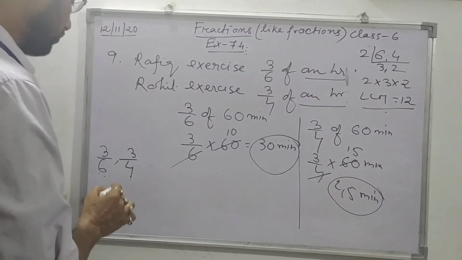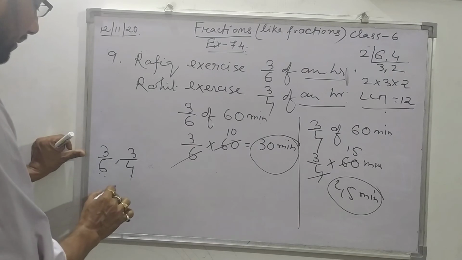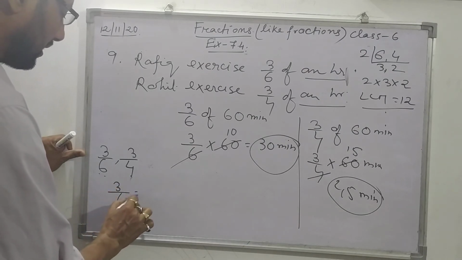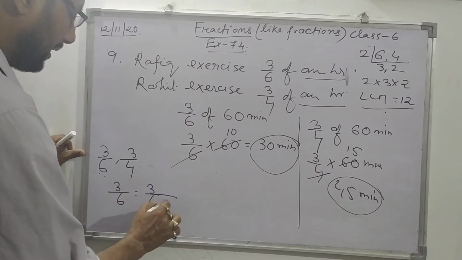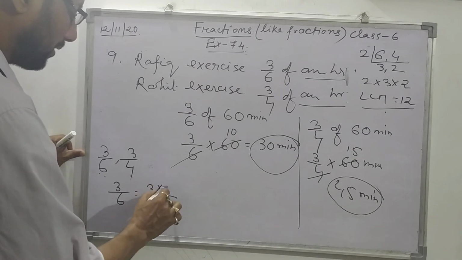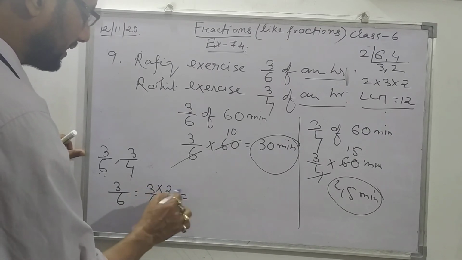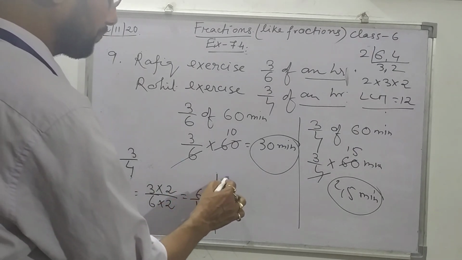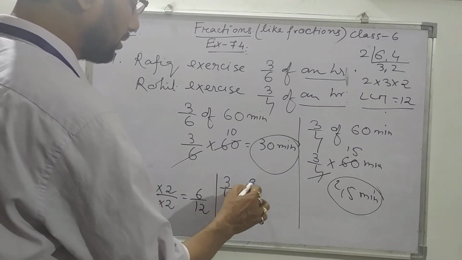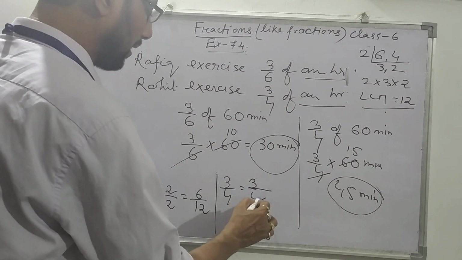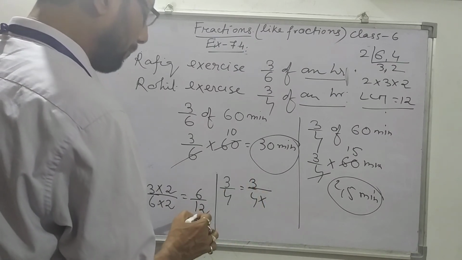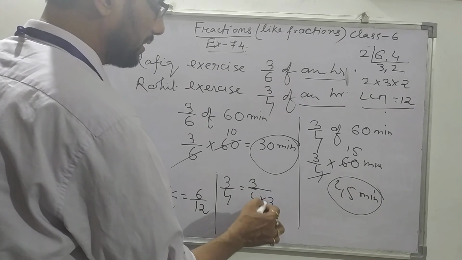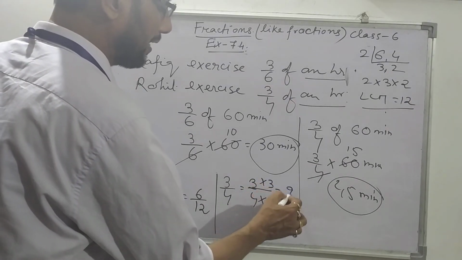Now let us convert into denominator 12. 3 by 6: multiply by 2 here and here also, and we get 6 by 12. Now 3 by 4: I multiply by 3 to make the denominator 12, here also I multiply by 3, and we get 9 by 12.